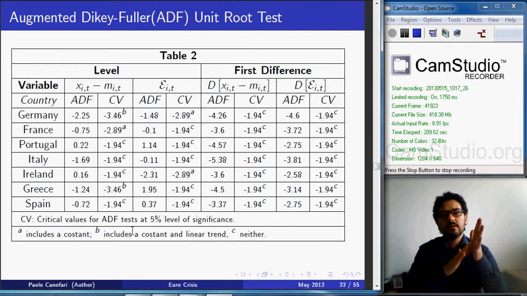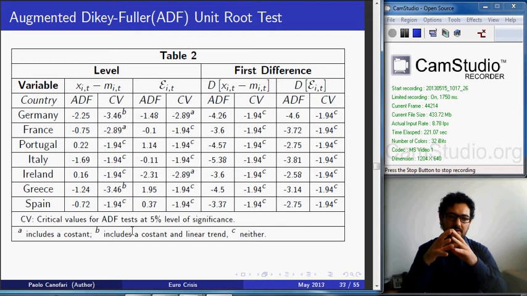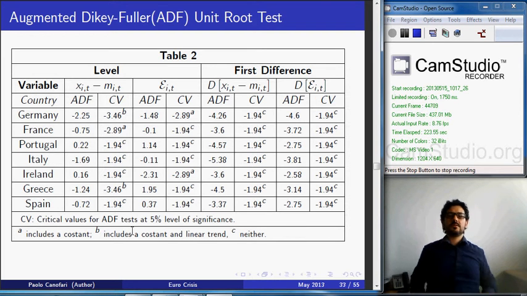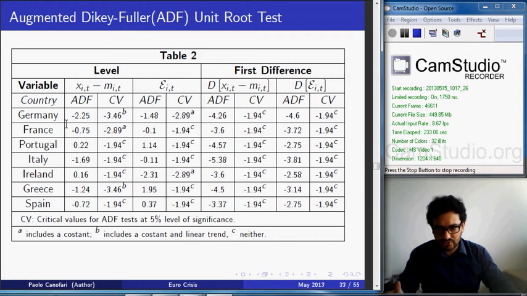This means that the two variables for each one of the countries in our sample are integrated of order 1, which means that these two series reach stationarity when we consider first difference. In our sample, we consider Germany and France and the so-called PIIGS, so Portugal, Italy, Ireland, Greece, and Spain.